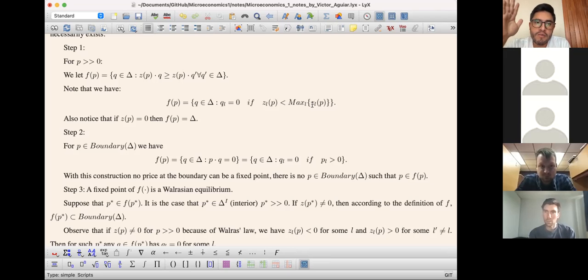So if at this given price this is greater than or equal to any other Q prime in the simplex, then of course it's going to hold with equality when Q prime is equal to Q, but it can be strictly greater for other Qs. Then this is giving me the set of things that are out of equilibrium, right?